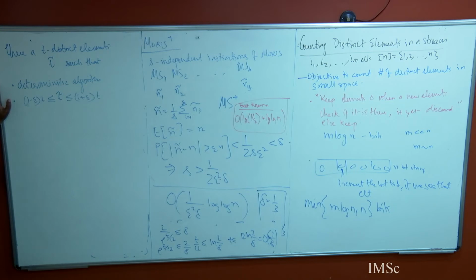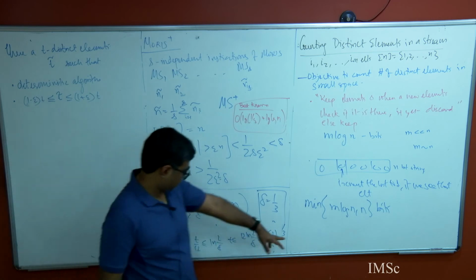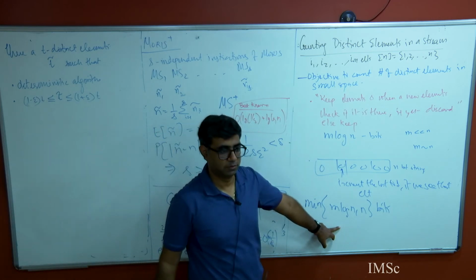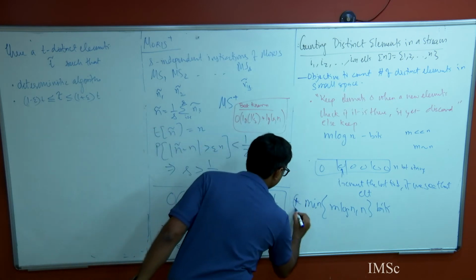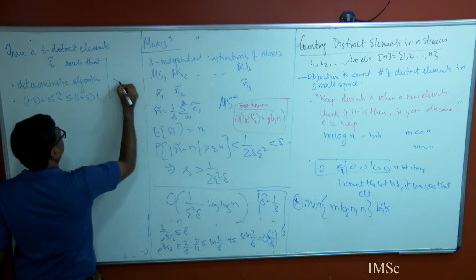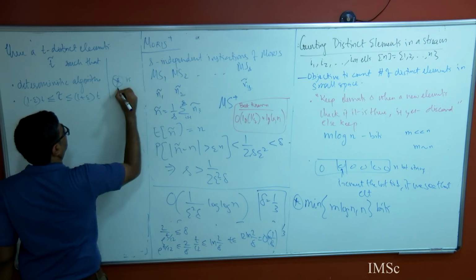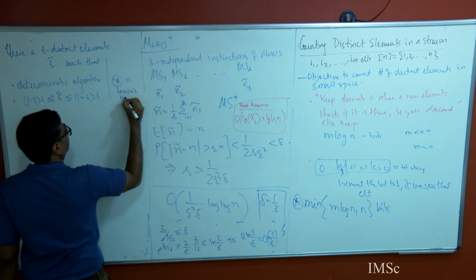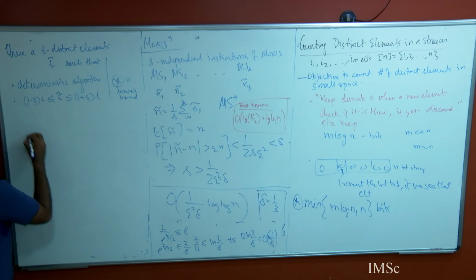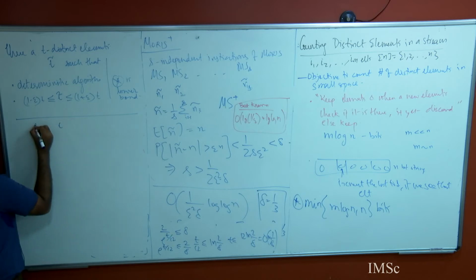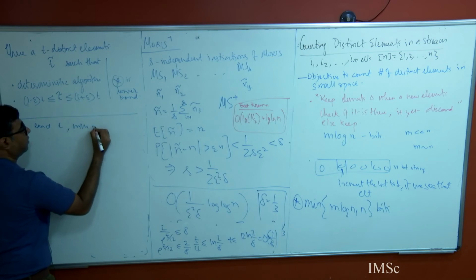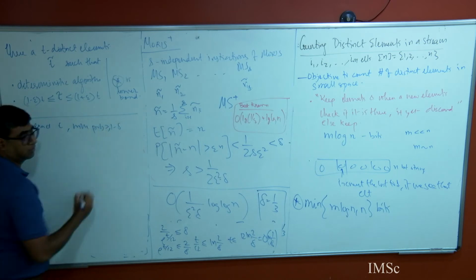It turns out that for that also there is a lower bound, and we'll prove this. Or I ask you to give me the exact t with probability at least 1 minus delta.